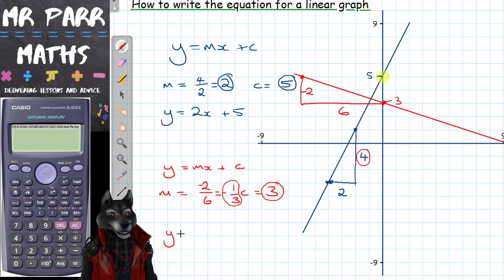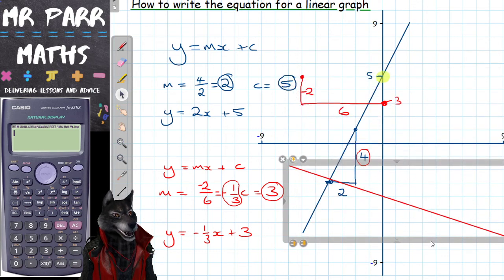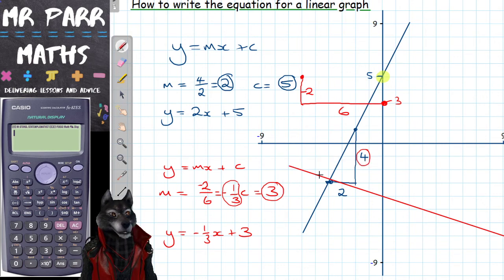So I'm just going to substitute those in and make the equation. So y equals minus a third times x plus 3, because it goes through at positive 3. If I had taken this same line and had actually crossed it down here, let's say at minus 4, the gradient hasn't changed.